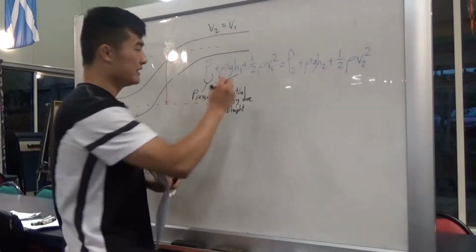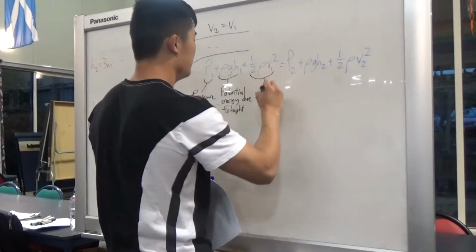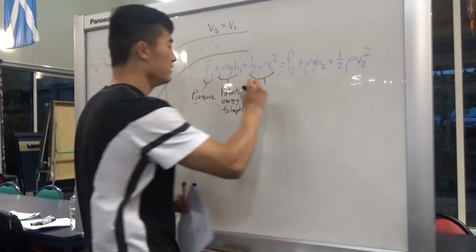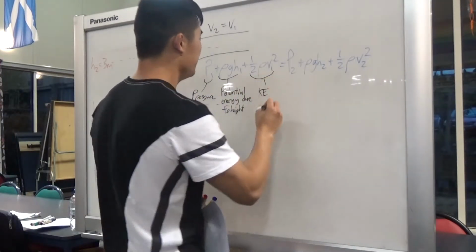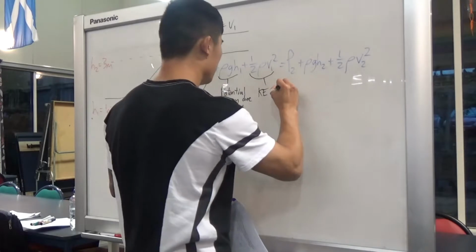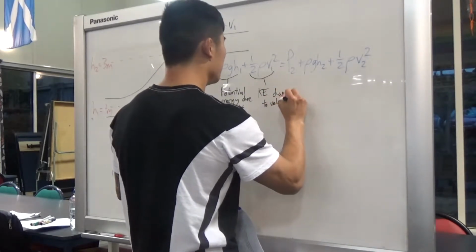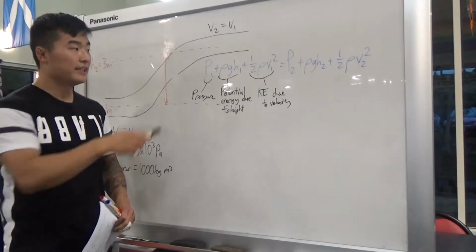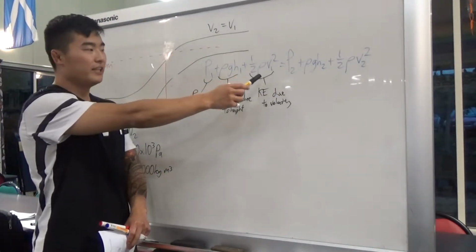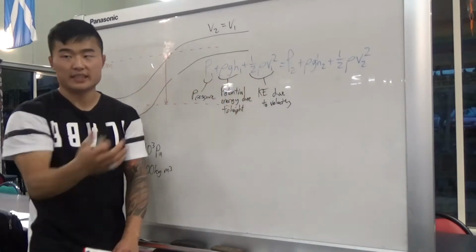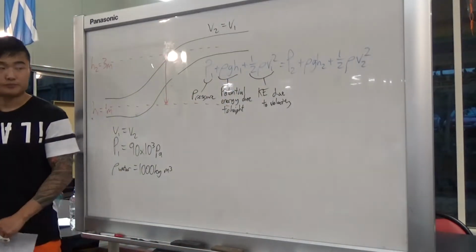And then this last part here is the kinetic energy, the kinetic energy due to its velocity. This is similar to kinetic energy equals half mv squared, but because it's a liquid we're just using density.